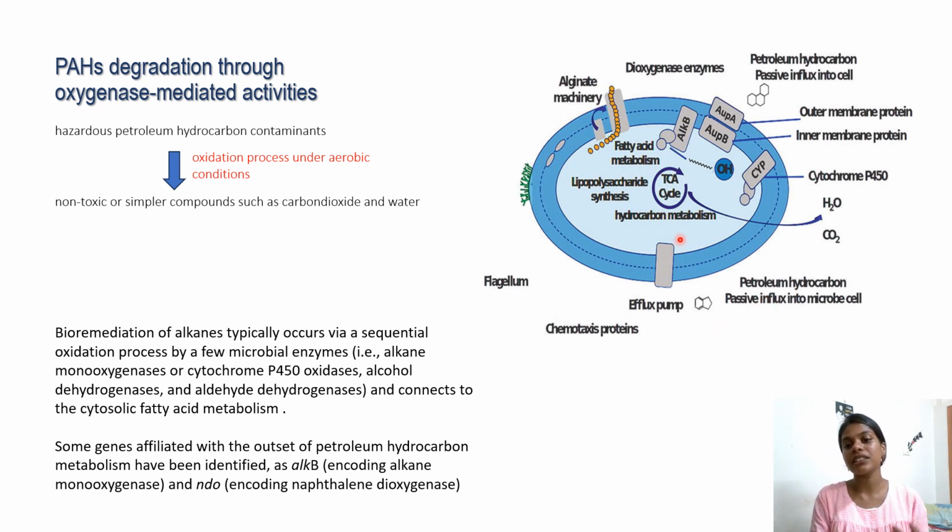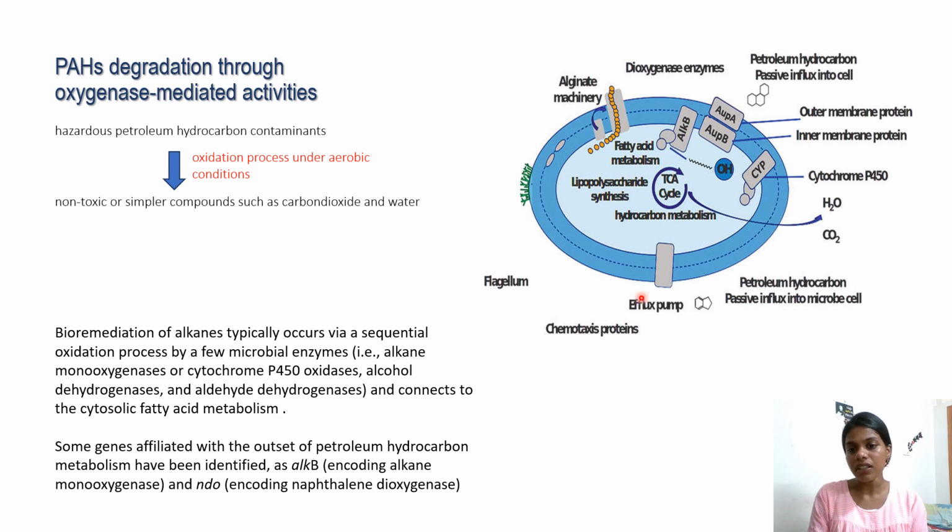Then they undergo the oxidation process through the dioxygenase enzyme and the cytochrome P450 oxidase enzyme, which add oxygen to these compounds. The dioxygenase enzyme can break them down into less toxic intermediates that can be further metabolized by other metabolic pathways, connected to cytosolic fatty acid metabolism.